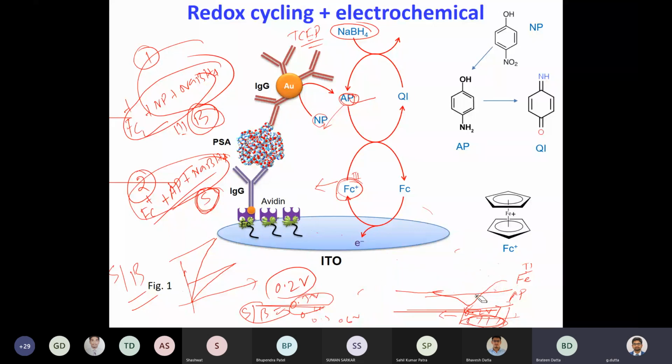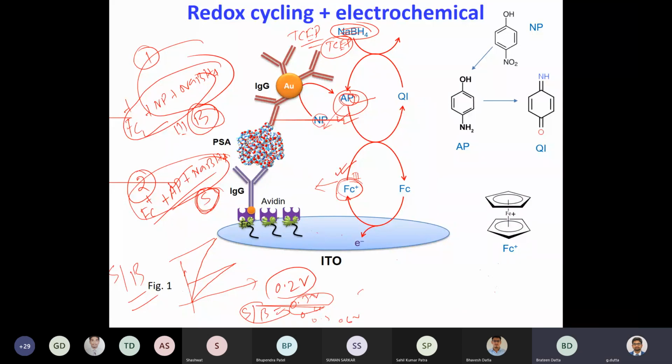So that means we have to optimize the aminophenol Fc redox couple first, and the aminophenol T-shape redox couple. T-shape we do not have as a redox couple; it is just a reducing agent you are applying from outside, so T-shape will get oxidized every time.